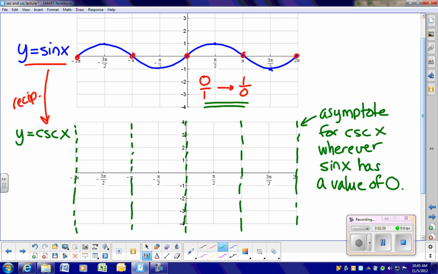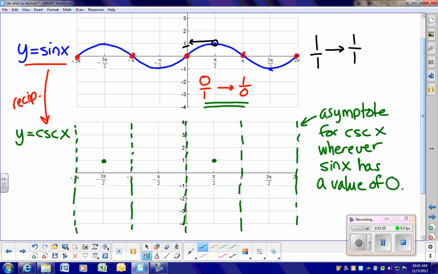Another interesting place or series of places on the sine curve would be the hills and the valleys. At the hills, the value of sine is 1. If I look at the number 1 and find its reciprocal, flip it over, it's still 1. So every place where sine is equal to 1, cosecant will also be equal to 1. So that would be at these 2 places.